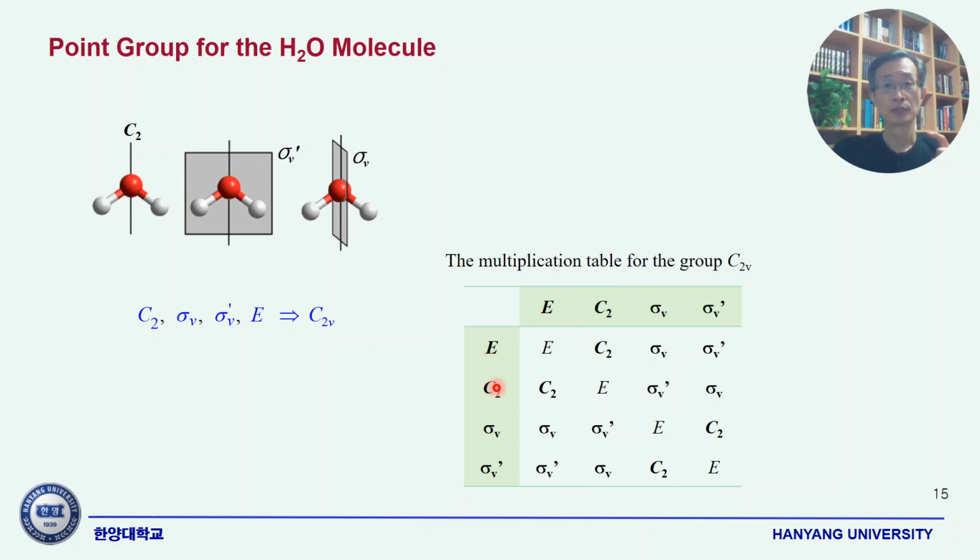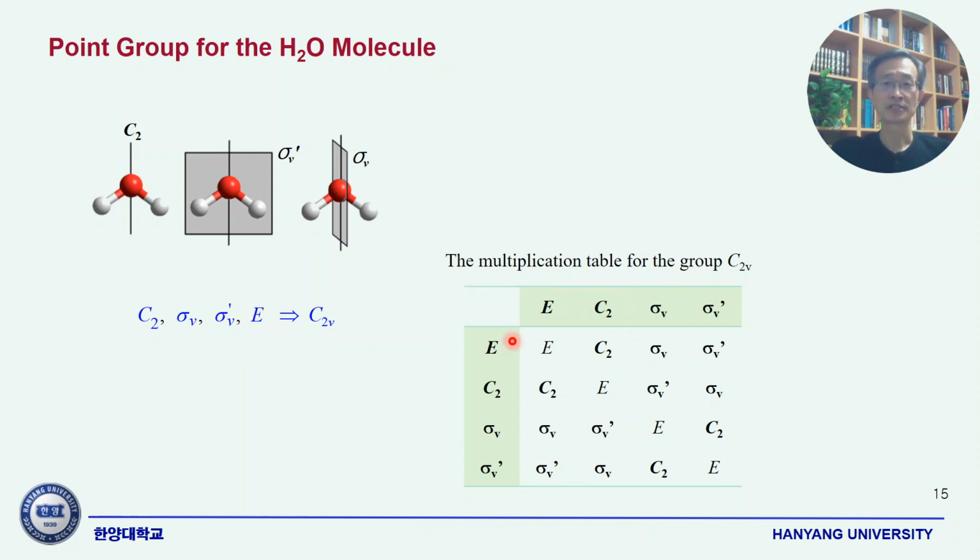So if you do C2 twice, you get back to the original position, which is identical as it is, and that is the E operation. So that's why you always need the identity element for a group or for a molecule.